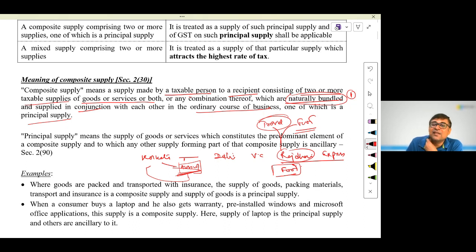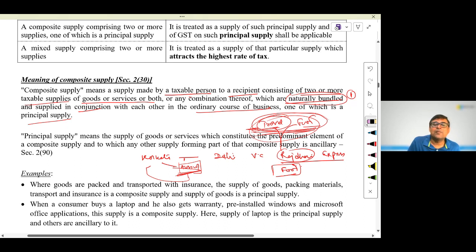Can I say that this is a composite supply? This bundle is a composite supply, where travel service is the principal supply and food is the ancillary. So if GST is applicable, then the entire value of the ticket is charged at the rate which is applicable on travel.